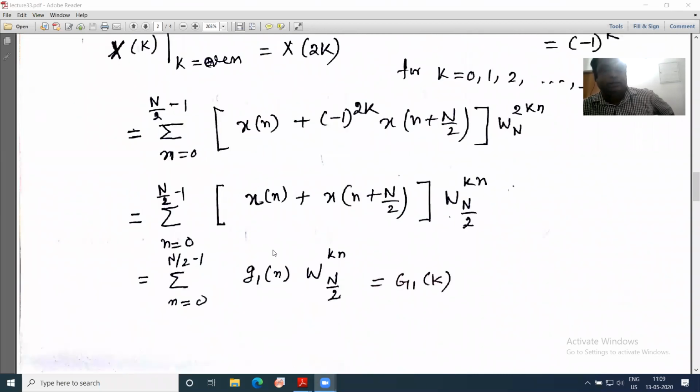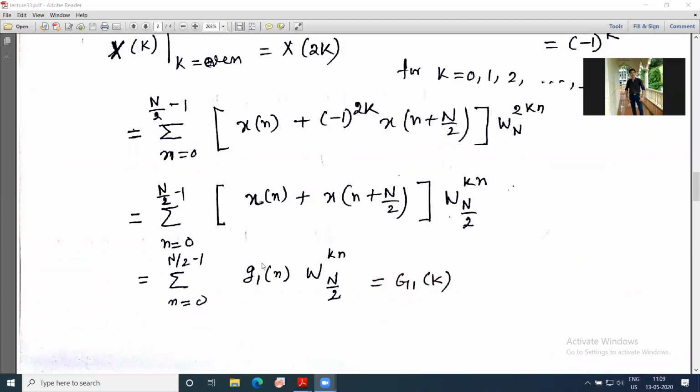I repeat, g1 of n ranges over 0 to N by 2 minus 1, with W_(N/2). Therefore g1 of k is the N by 2 point DFT of g1 of n, which is nothing but x of 2k. Agreed?